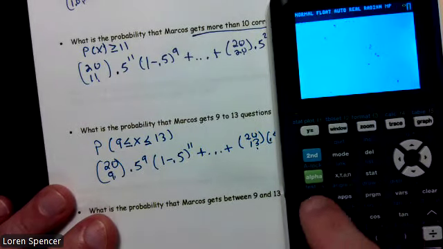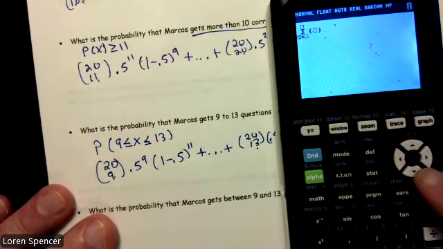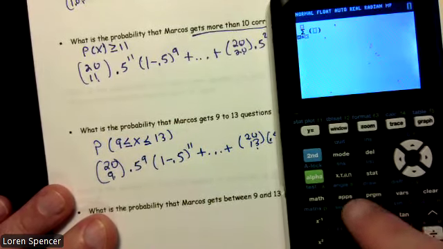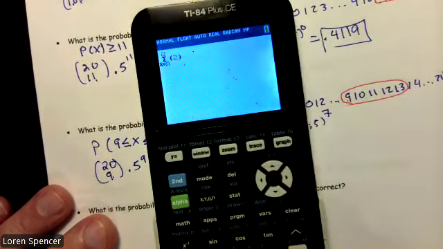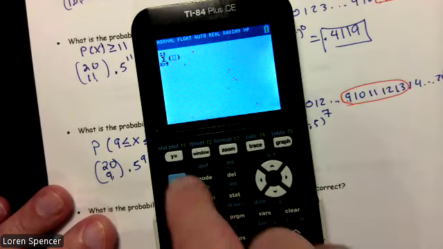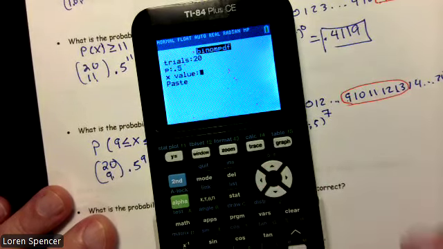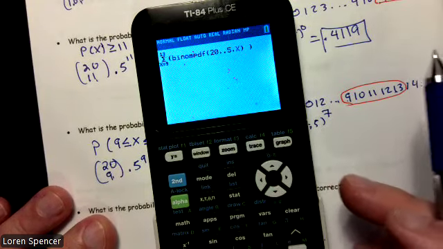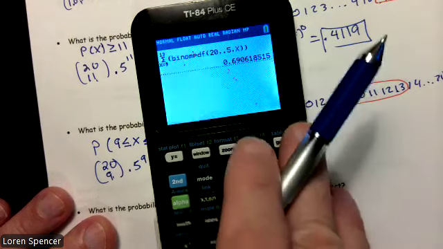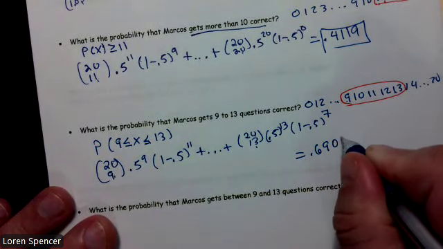So, math, summation, press enter, X. My lowest value circled was 9. Highest value circled was 13. Second vars, binomial PDF, 20, 0.5, X and X. And we end up with about 69%, equals 0.6906.